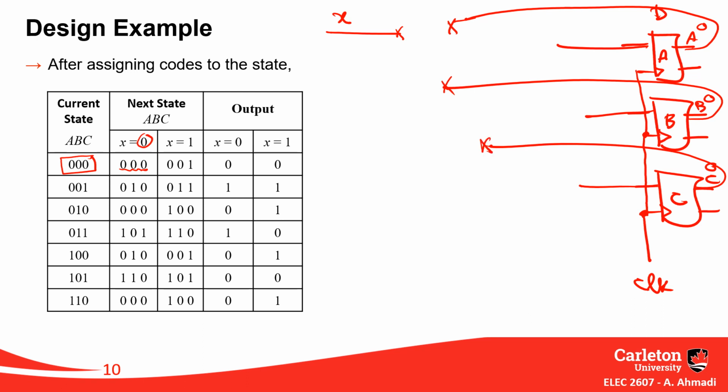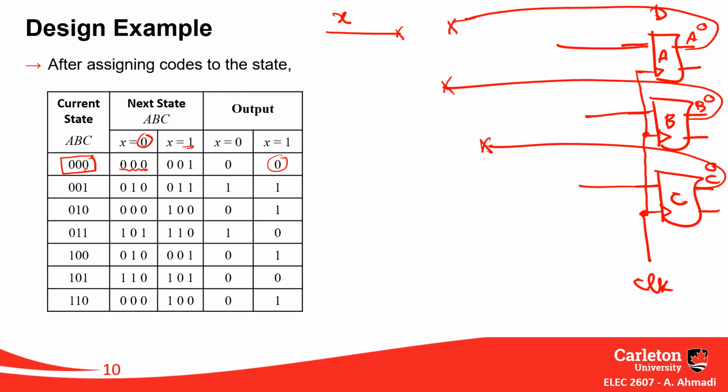Design a circuit which gives you 0, 0, 0, or gives you outputs of 0, 0, 1 and 0 as your output if you have A, B, C equal to 0 but X equal to 1, and so on and so forth for the rest of the table.